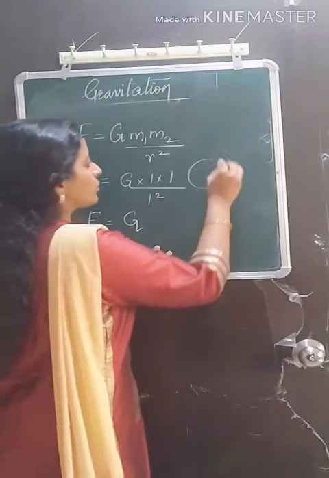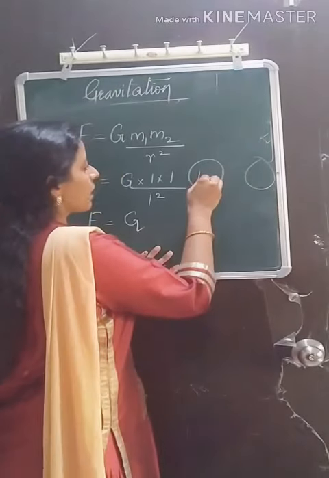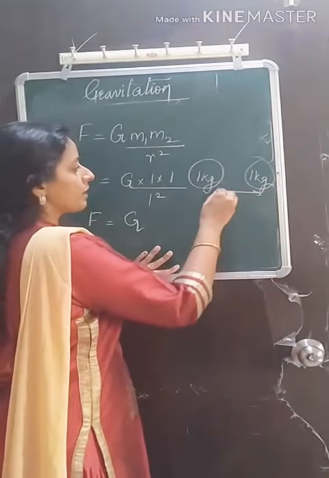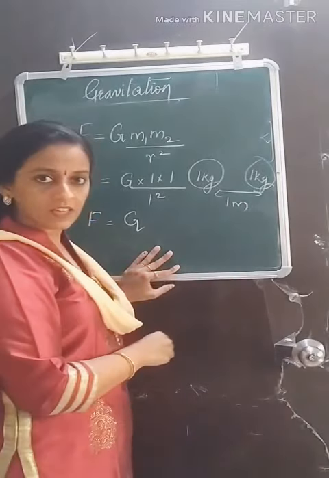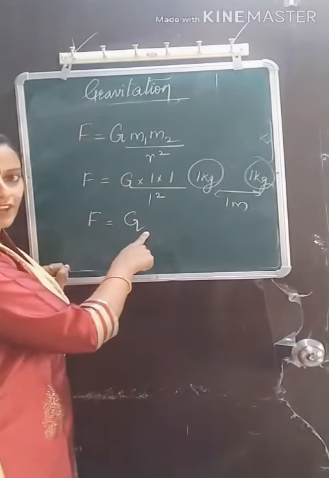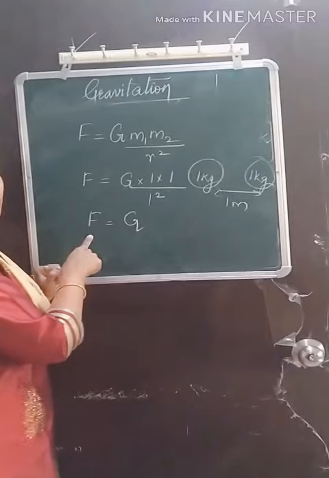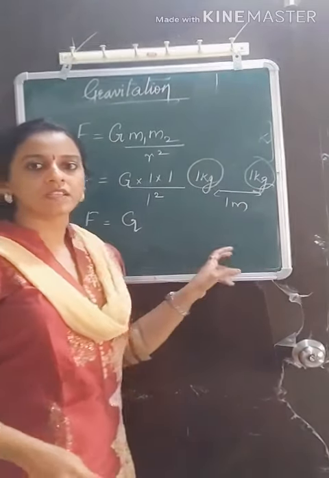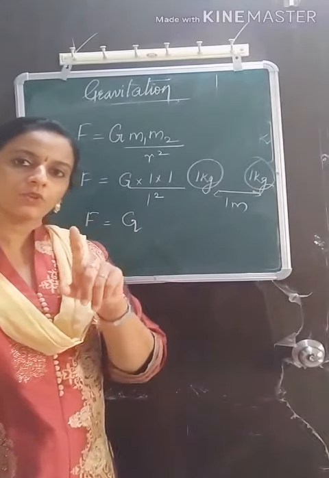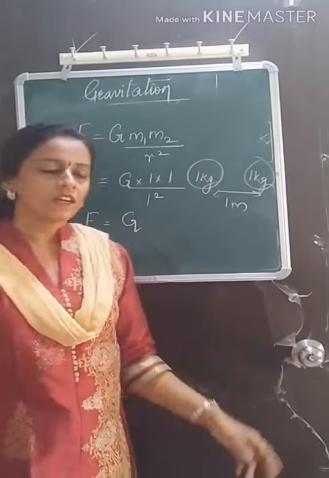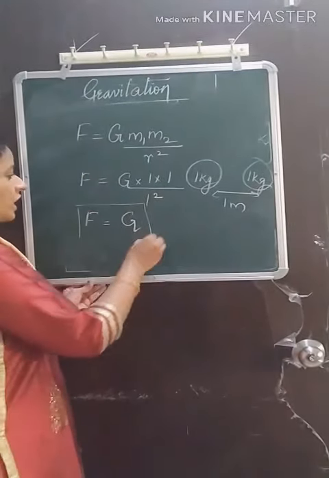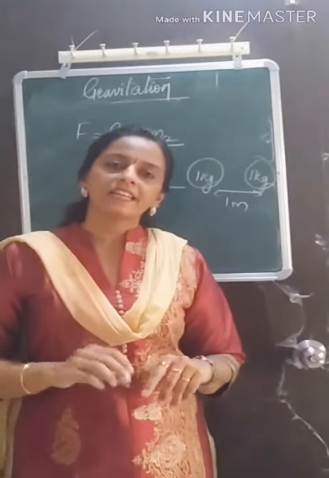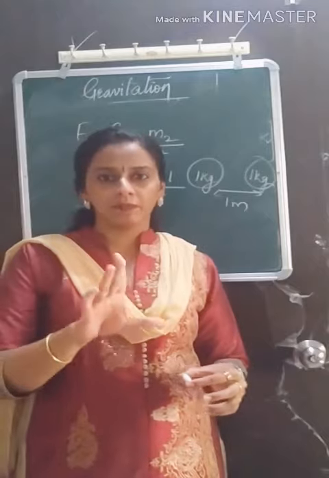That is, if two objects are of unit mass, 1 kilogram, 1 kilogram, and the distance between them is also 1 meter, then the value of gravitational constant will be the force exerted by two unit masses kept at a unit distance from each other. When will F be equal to G? If you have both the bodies of 1 kilogram and the distance between them is also 1 meter.